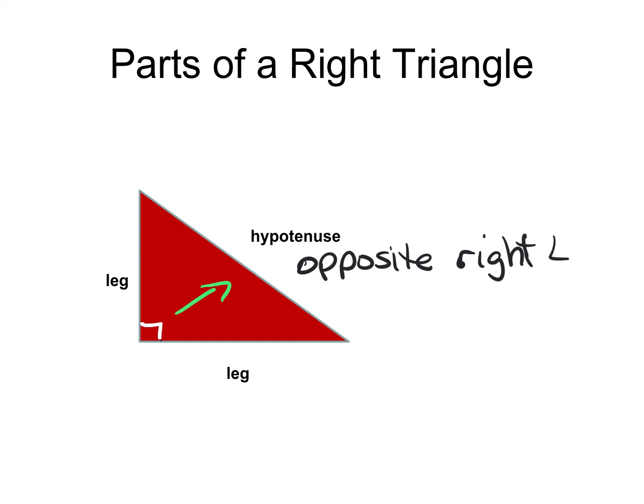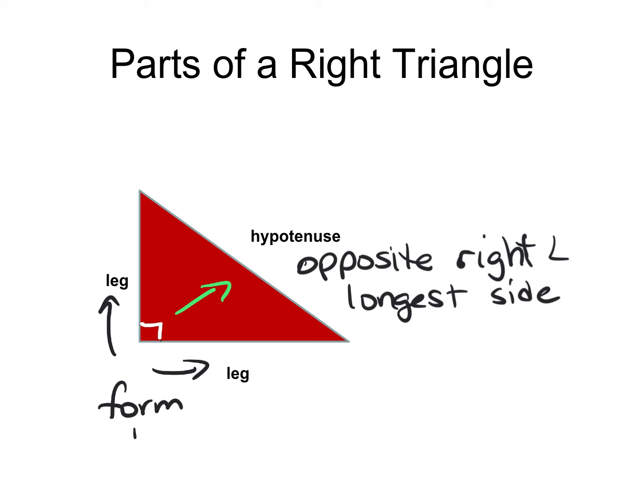It's also going to be the longest side of our triangle. The legs, these guys right here, are going to form the right angle. So where the two legs intersect, the angle that is formed will always be the right angle.